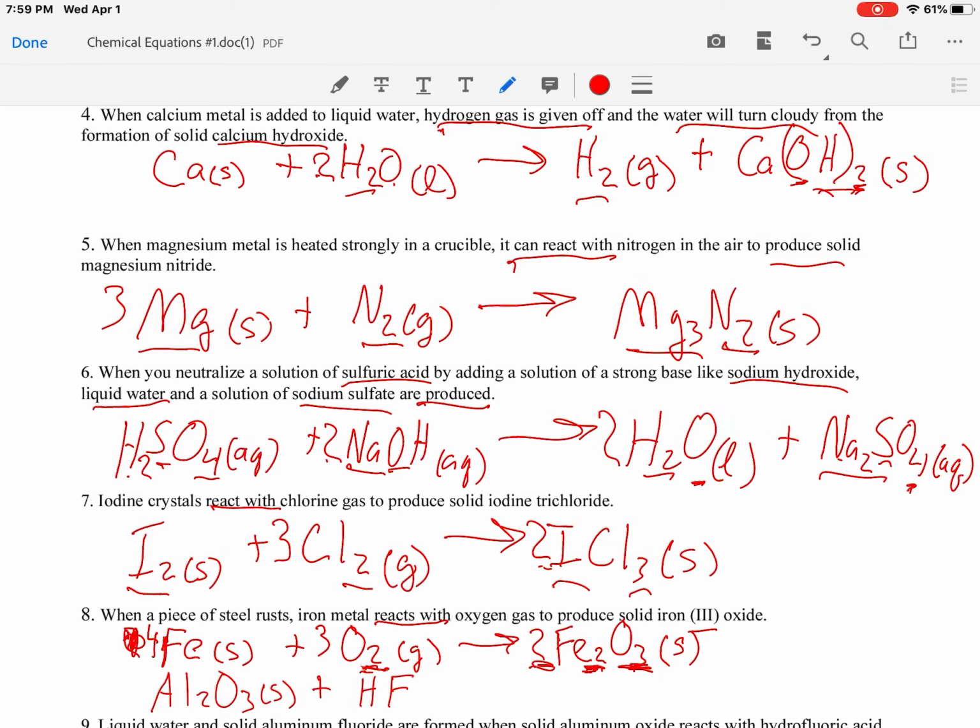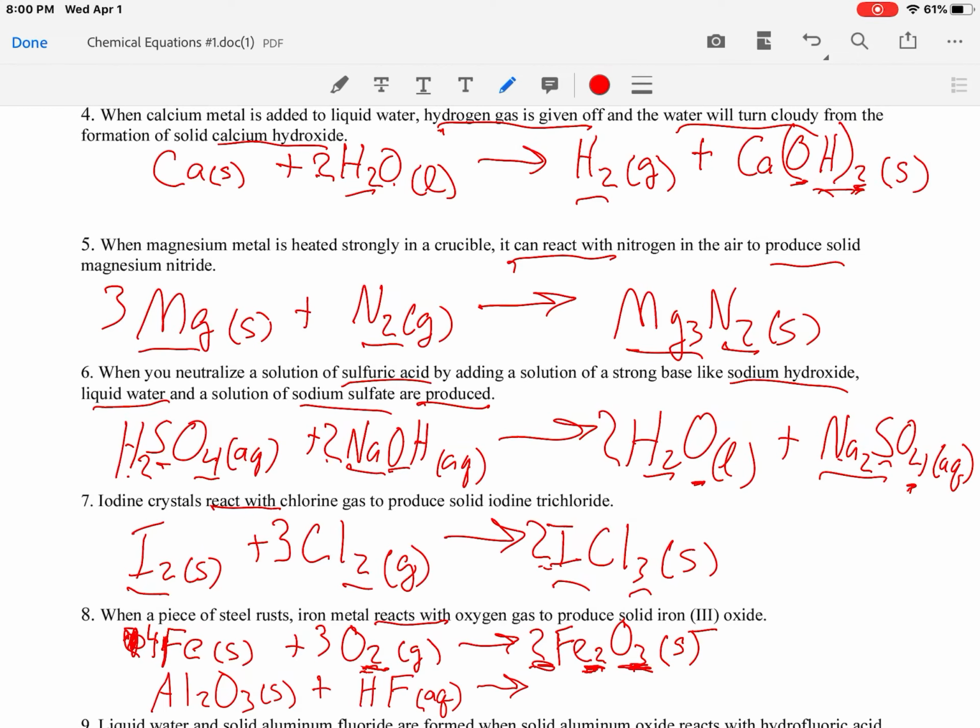So we've got a +1 charge and a -1 charge, and that guy is balanced as is. Now I don't think it says it in the problem, but anytime you have an acid, that is always going to be an aq. An acid really isn't an acid until or unless it's dissolved in water. So even if it doesn't say solution, anytime you have an acid, it's going to be an aq.